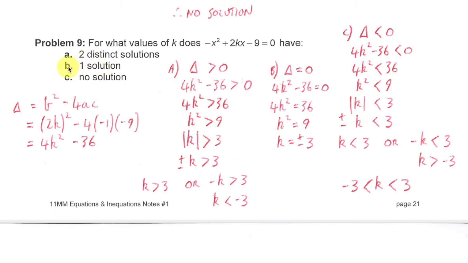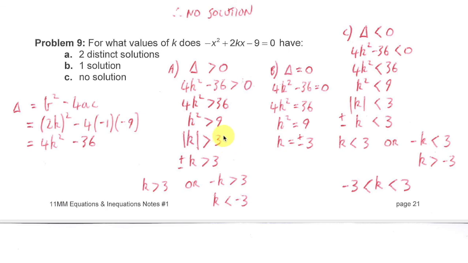Let's now think about A. Where will we have two distinct solutions? For two distinct solutions, we want the discriminant to be greater than 0. So I have 4k squared minus 36 being greater than 0. Add 36 to both sides, divide both sides by 4, and then take the square root of both sides.